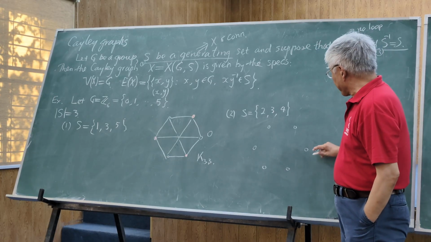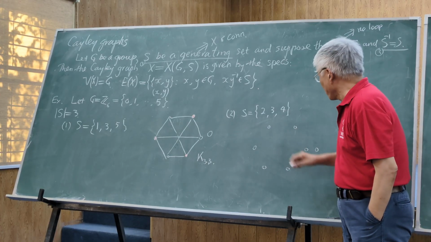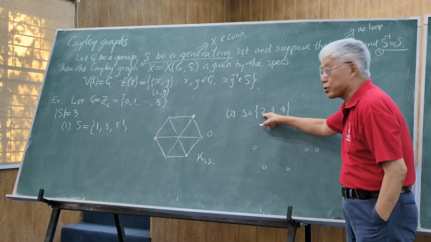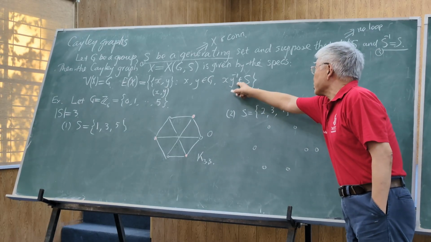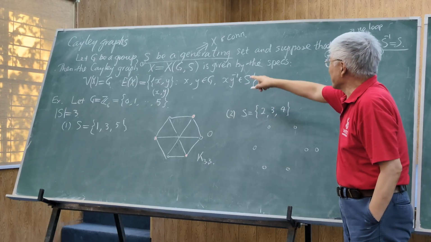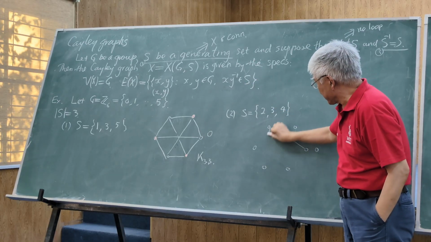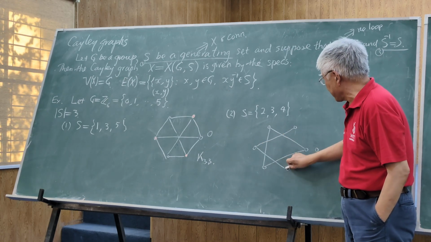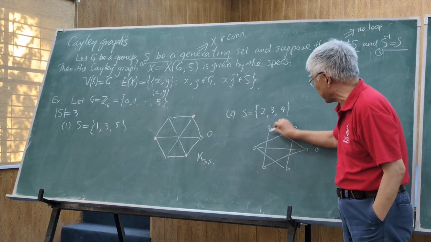Now this is 0, 1, 2, 3, 4, 5. Adding 2 means jump over 1 vertex, right? So y is obtained by adding 2. So we go there, there, there. For that one we go there, there, there. But 3 is still there, so it has to have those edges as well.